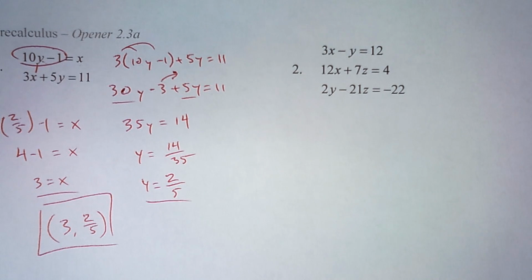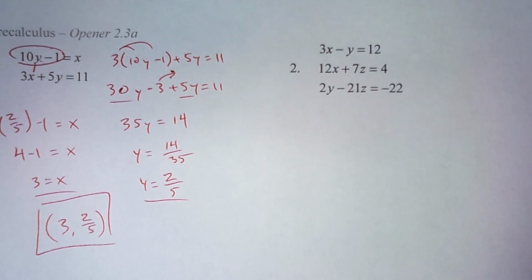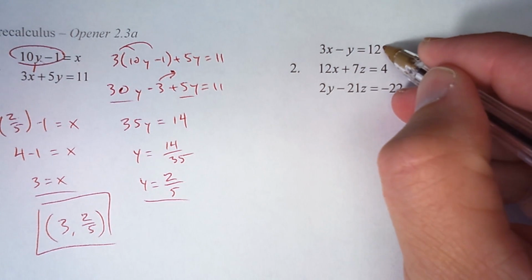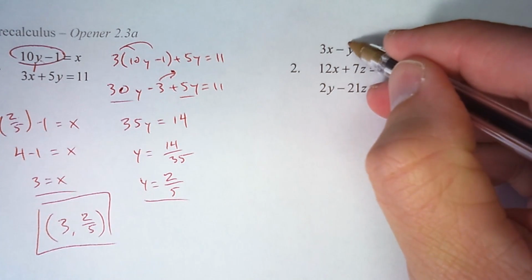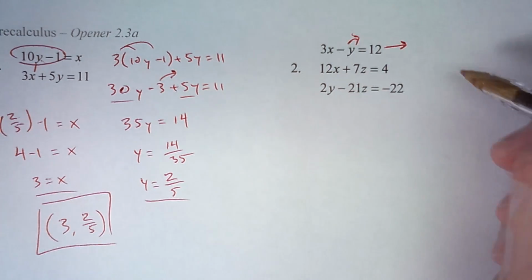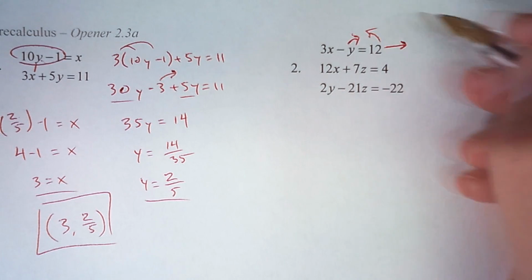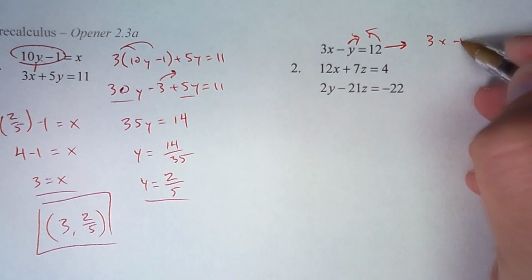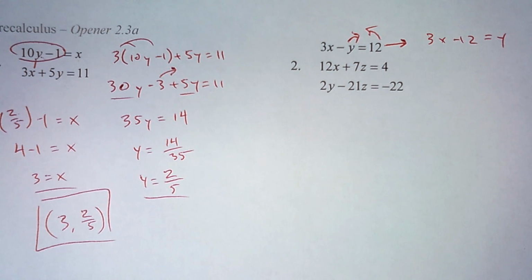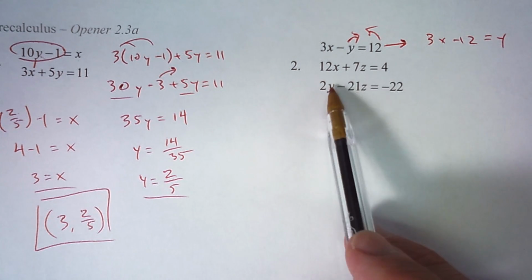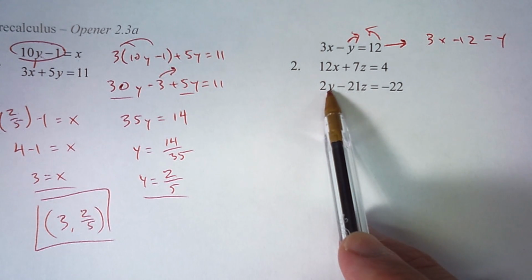Number 2, I think I actually want to do substitution on this one as well. So I'm going to take this equation and solve for y, and the way I'm going to do that is just move that to the right, move that to the left, and I get 3x minus 12 equals y. Okay, so now I've got y by itself, and I'm going to substitute that into the only other place that I have a y, and that is right here.